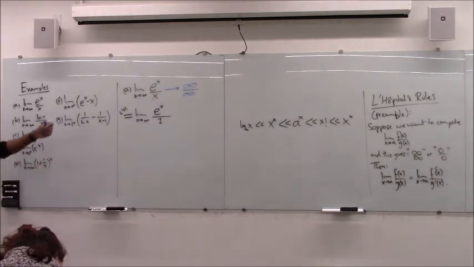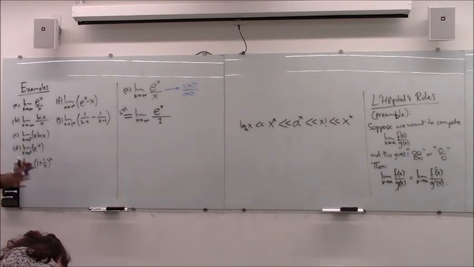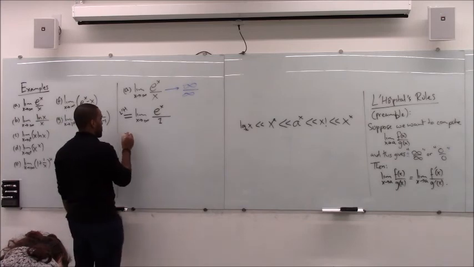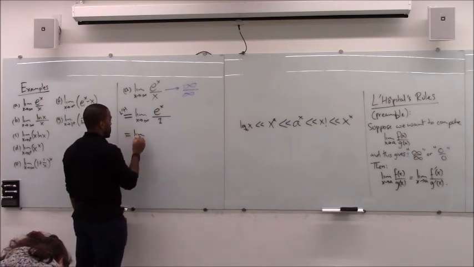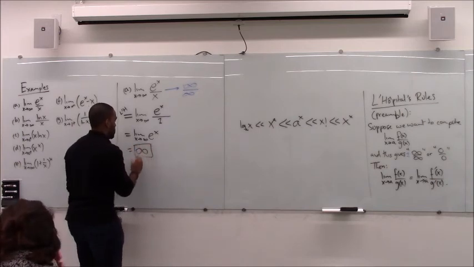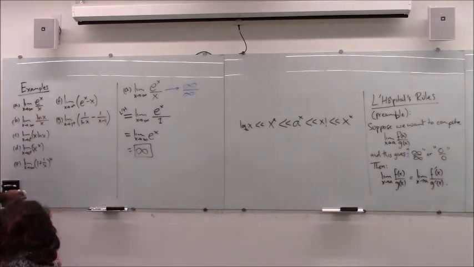You could do it. That's actually the easier way to do it. For A and B, eyeball it. I know what those are. But I'm showing you how L'Hopital's rule deals with this to show you that they'll get the same answer. That's just e to the x, which is infinity, as expected.